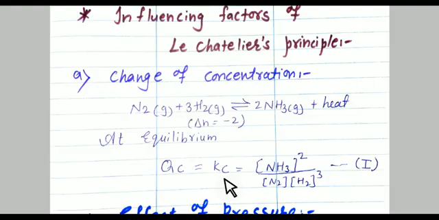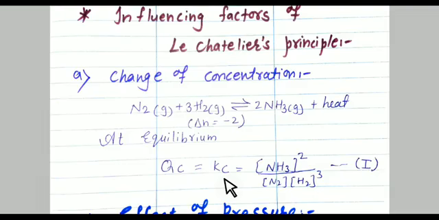Now, how does the system regain its equilibrium? When we add hydrogen, the reaction proceeds in such a way that the added hydrogen is used to convert into more and more ammonia.